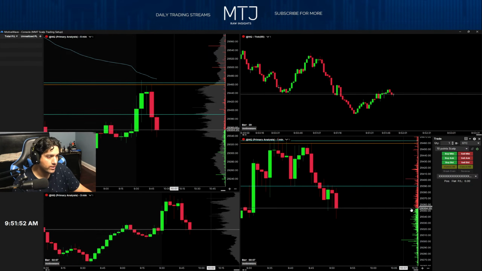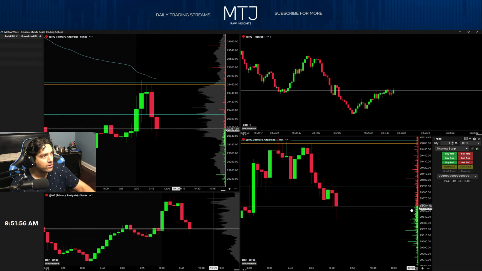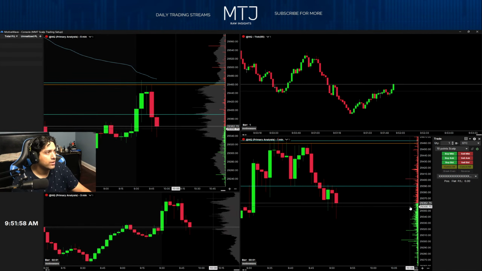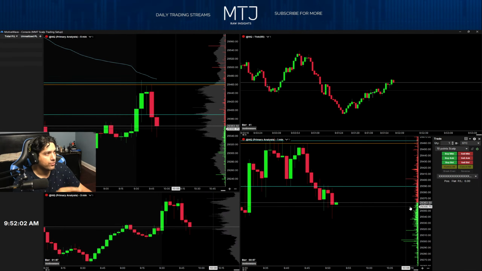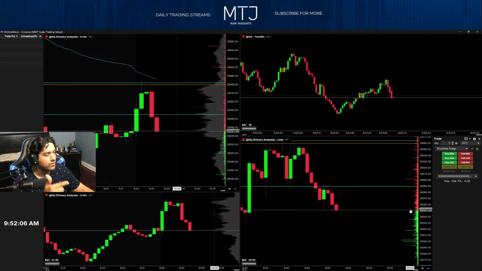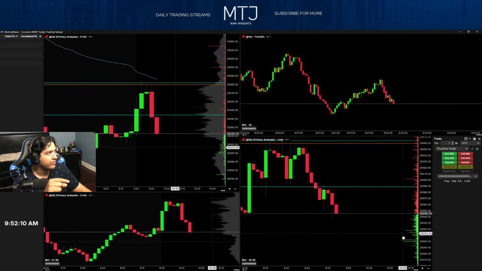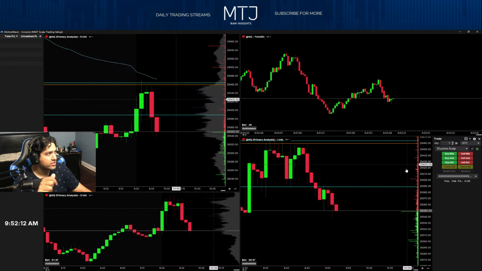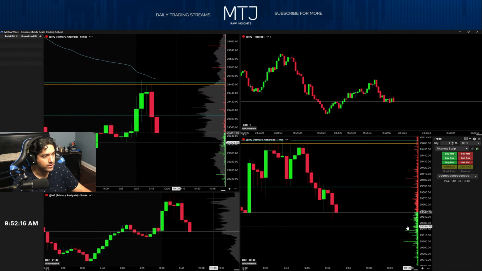There was that liquidity that popped up at the 550s. I don't know if you guys were able to see on the right hand side on the 1 minute chart. Anything that I see, you guys can see as well on the right hand side. I'm trying to point it the right way on the camera. If you see on the bottom right where my cursor is, you can see these spikes. These are the spikes I'm talking about when I talk about liquidity.